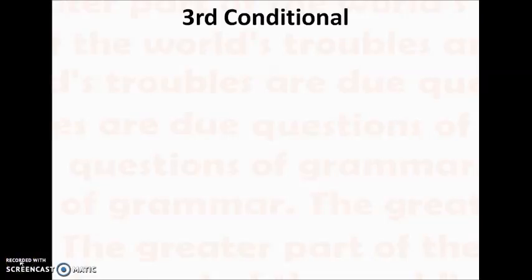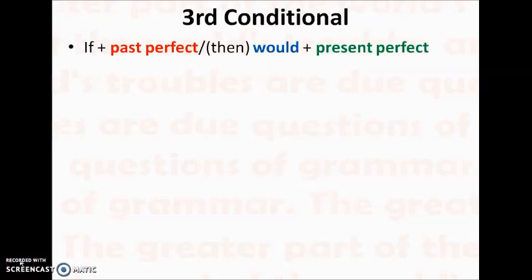In the third conditional, the if part is in past perfect and the then part usually uses modal verb would, followed by present perfect form. Modal verbs might or could can also be used instead of would.